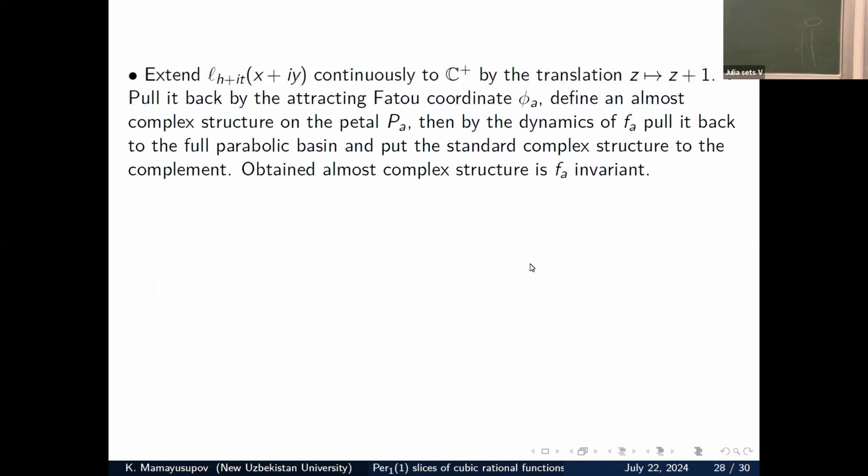Okay, so now you pull it back by the Fatou coordinate and put an almost complex structure on the petal. And of course, if you have other components, you pull it back by the dynamics of your map, and everywhere else you put the standard complex structure. So this is F-invariant.